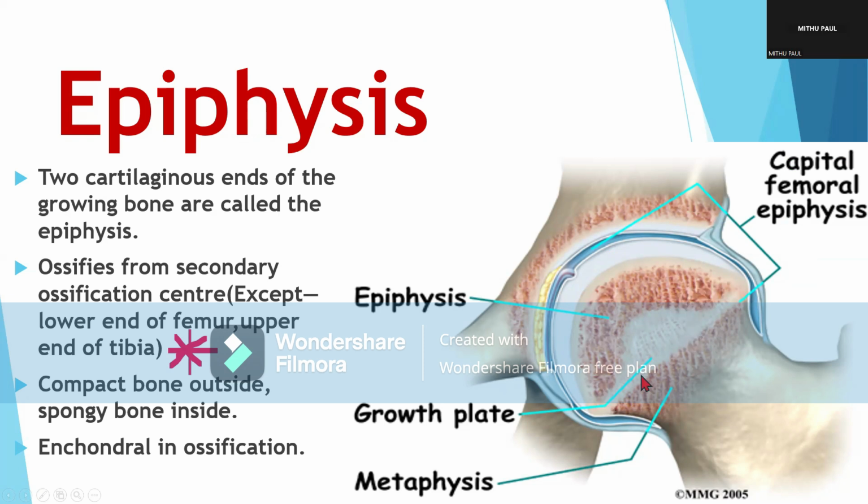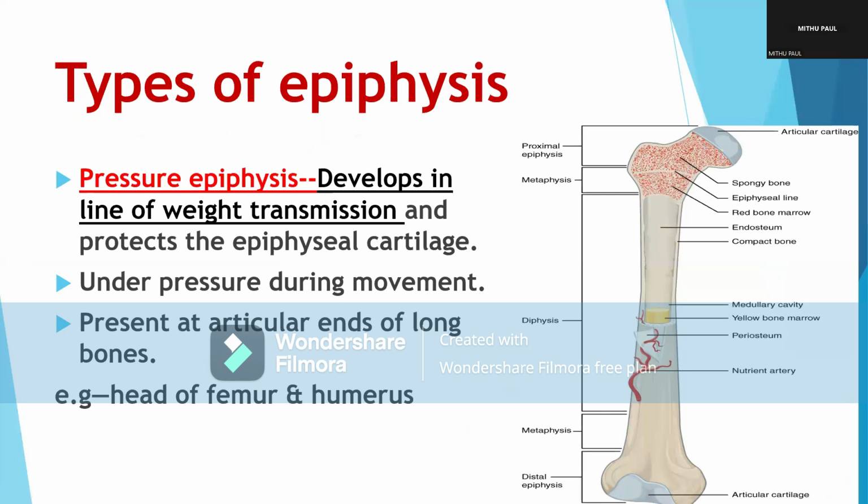They fuse at the region of the epiphyseal cartilage with the diaphysis. And this region is like any hyaline cartilaginous model, so it is endochondral in ossification. Now, the different types of epiphysis is a must read with examples for you.